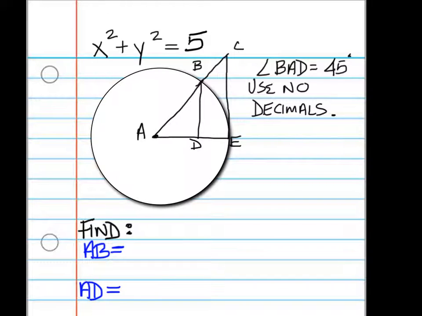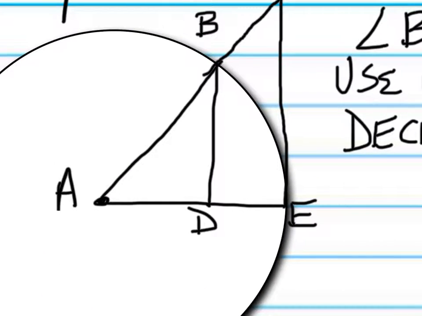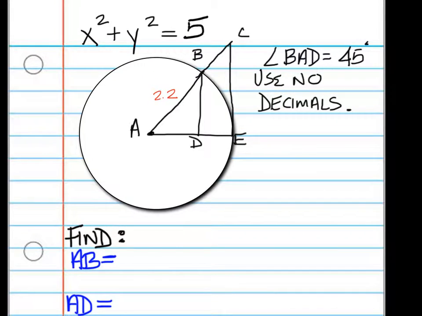Lesson 6. X squared plus y squared equals 5 in this case. So the square root of 5 is 2.2. I think it's enough to do 2.2 for this radius, which is AB. So we'll fill that in first. BAD, that angle here, is 45 degrees.